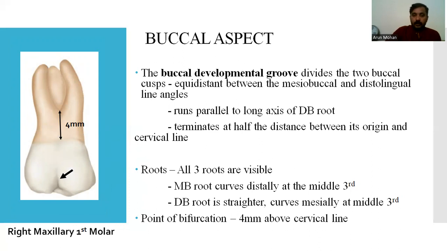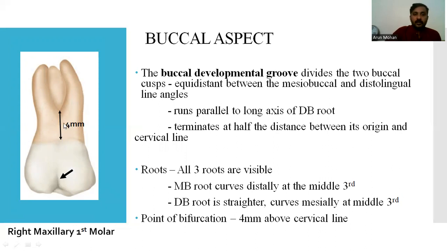From this aspect, all three roots are visible. The mesiobuccal and distobuccal roots are completely visible. The mesiobuccal root curves distally at the middle third, whereas the distobuccal root is comparatively straighter and curves mesially at about the middle third.